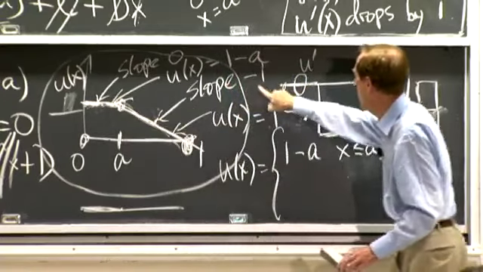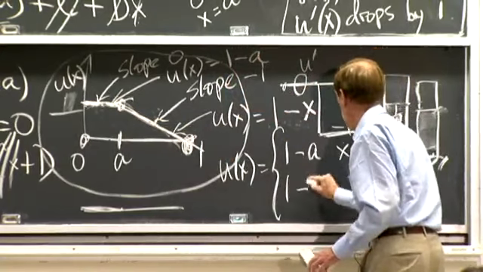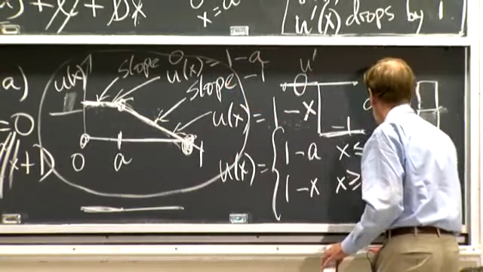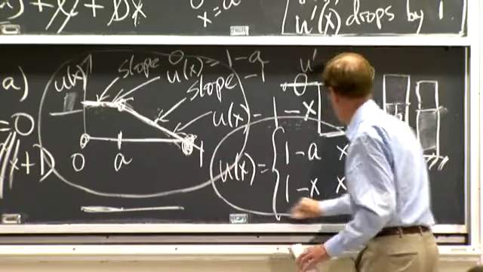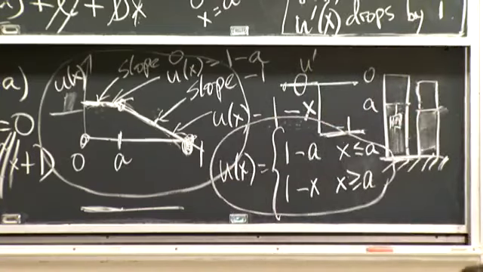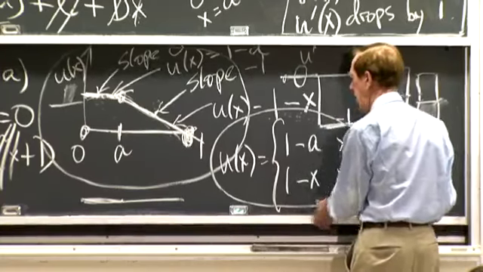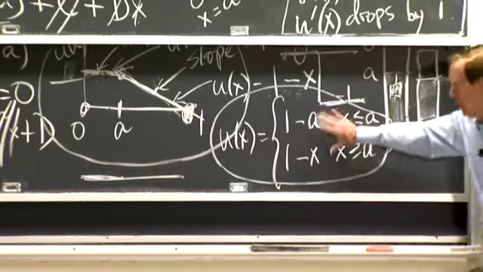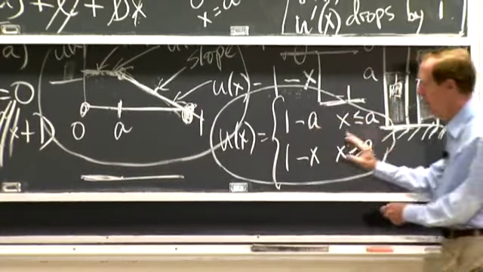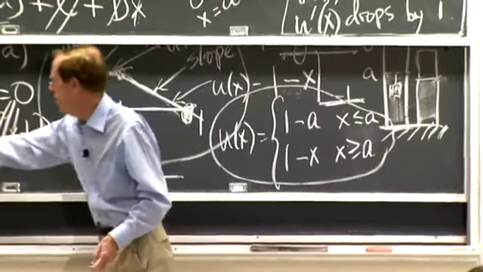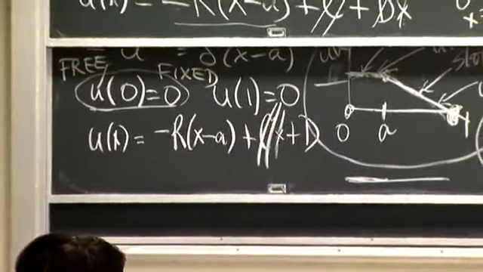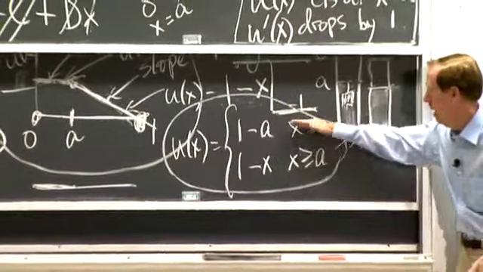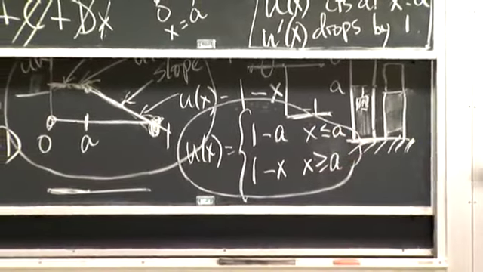And then down here it was 1 minus x, x greater or equal a. Yeah, that's important to mention. You have to have some guidance on how to write the answer. And when the answer has two parts, this is a good way to write it in two parts. You're compressing it too much to use that ramp function. It's better to split it apart into before a and after a.